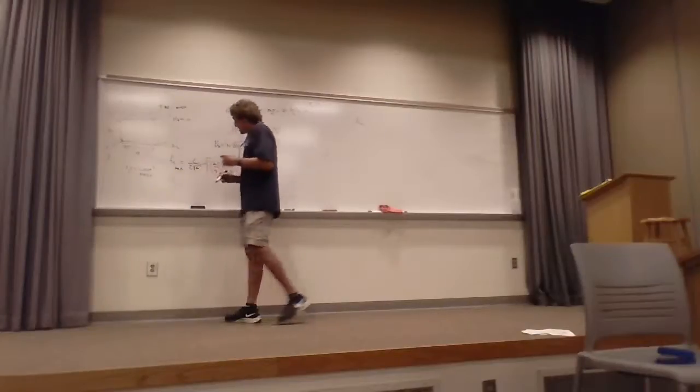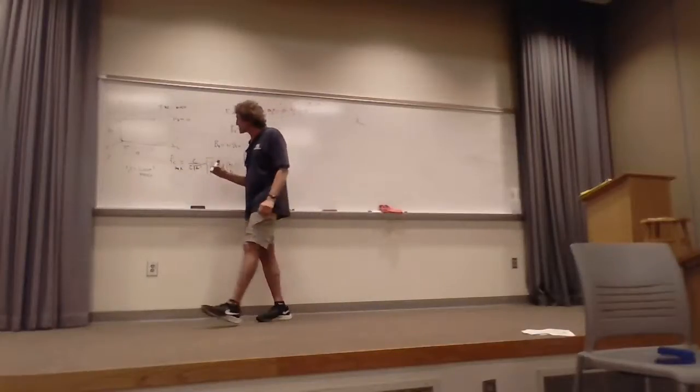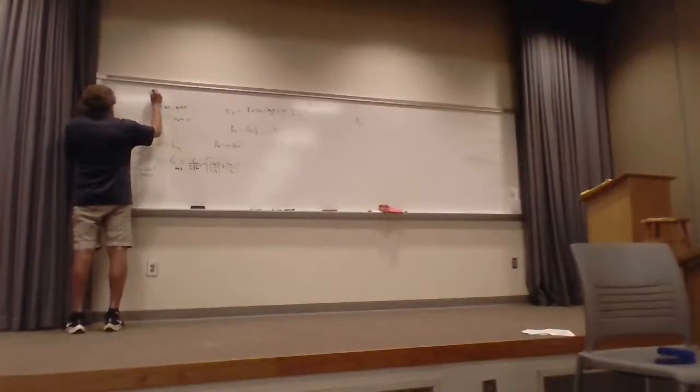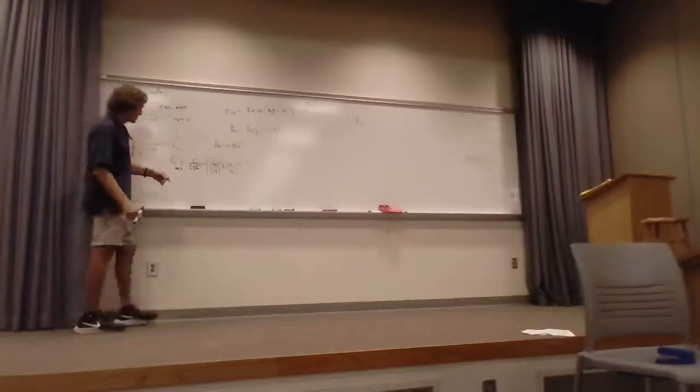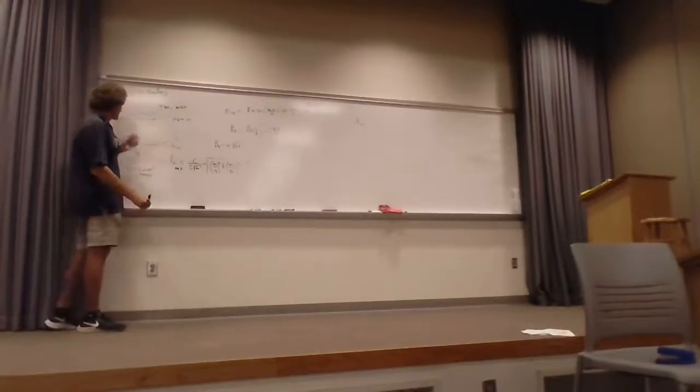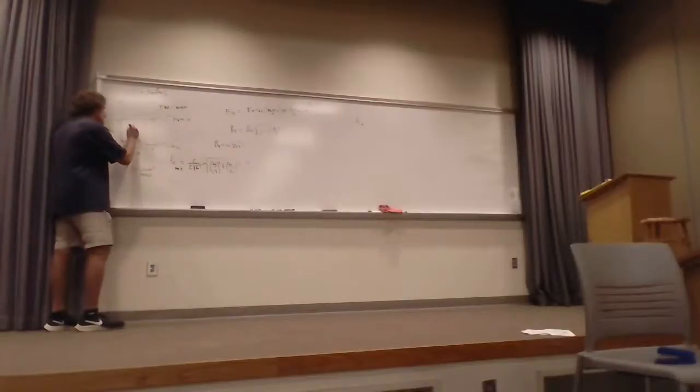I'm so sorry, C is 3 times 10 to the 8. And epsilon relative is just the permittivity of the material in the guide.